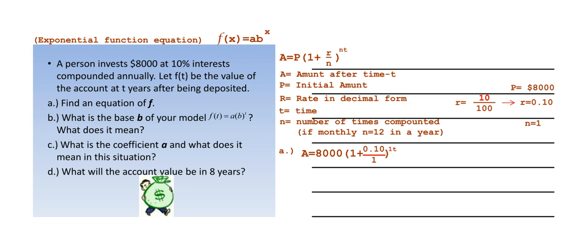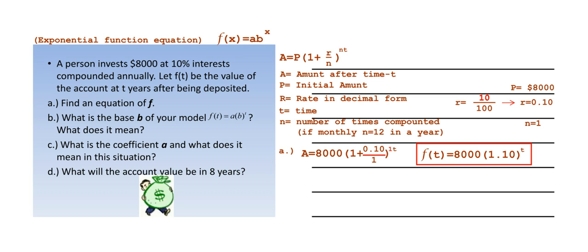And we can simplify this. Notice, 1 times t is just t, so we can omit the 1. 0.1 divided by 1 gives us 0.1, plus 1 gives us 1.1. So, in a sense, there is our simplification and also our final equation. F of t equals 8,000 times 1.1 raised to the power of t.